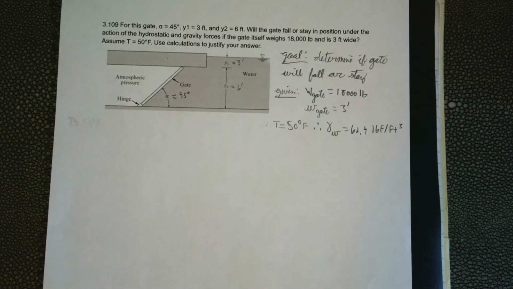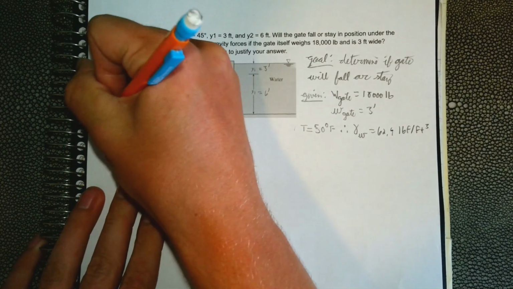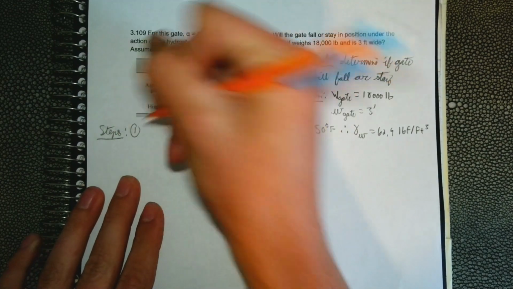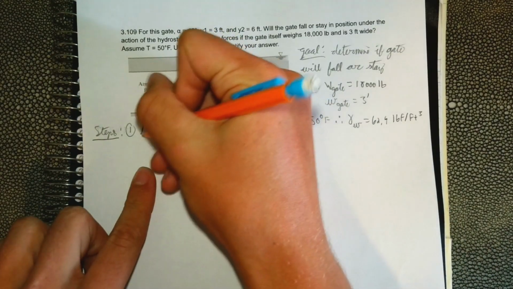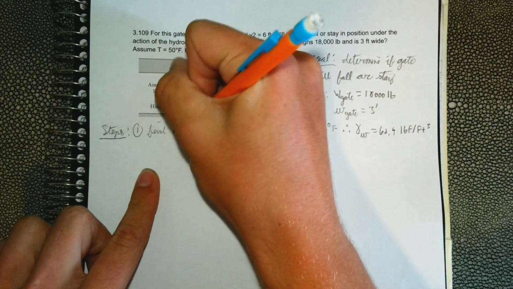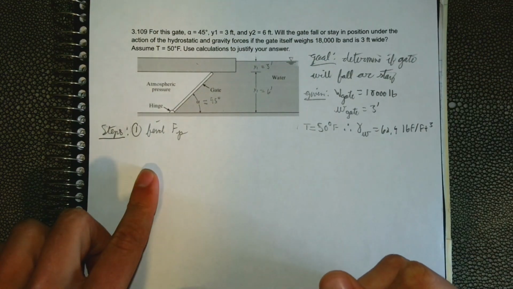With these gate questions, you can break it down into 3 steps. Anytime you see will a gate fall, or finding a force where there's a gate involved, you're going to want to use these 3 steps. First step is to find the pressure force acting on the gate.